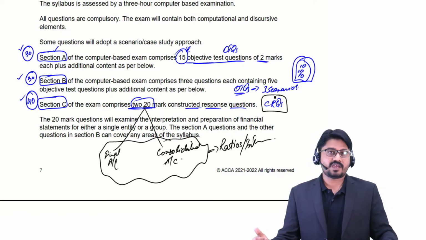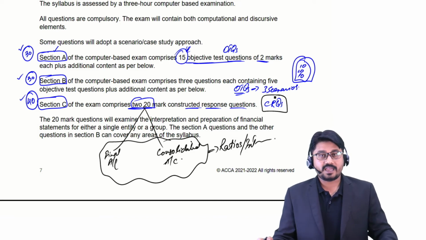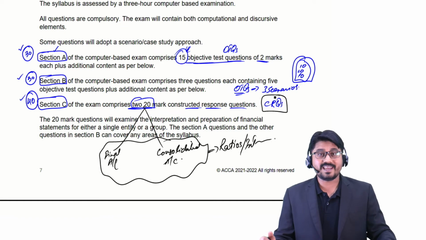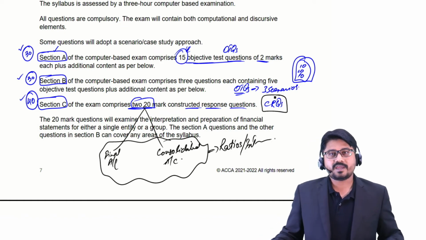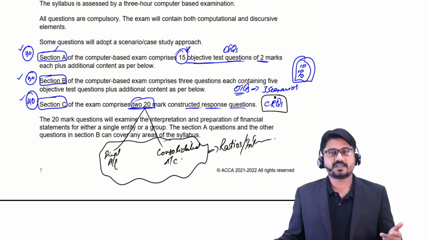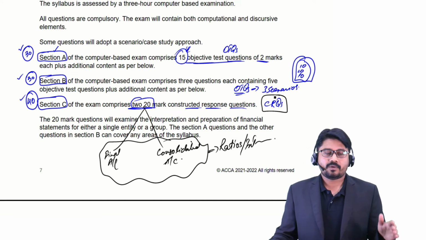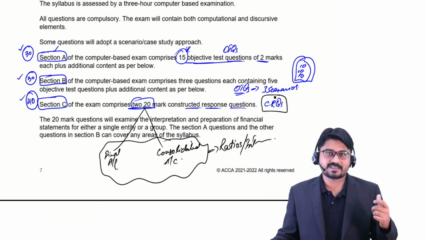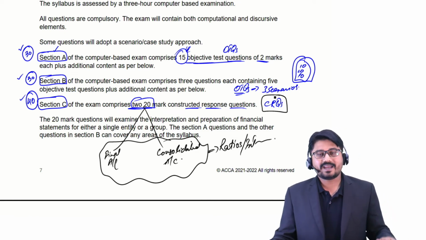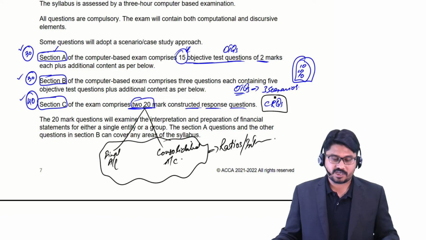In Section A, 15 objective test questions are there, and each question is of 2 marks, and these are not linked with each other. In Section B, 3 scenarios are there. These scenarios can be asked with respect to any of the standards. We cannot specify that standards 1, 2, 3 are examined in Section B. It's not like that. And in Section C, 2 constructive response questions are there of 20 marks each.